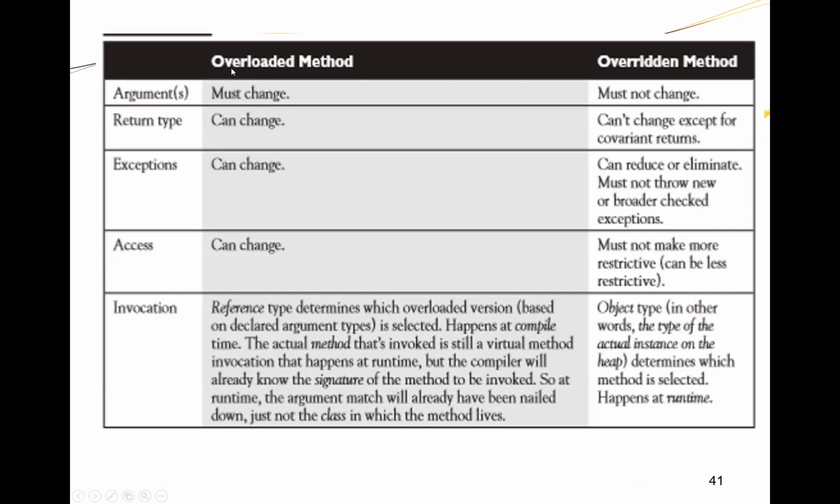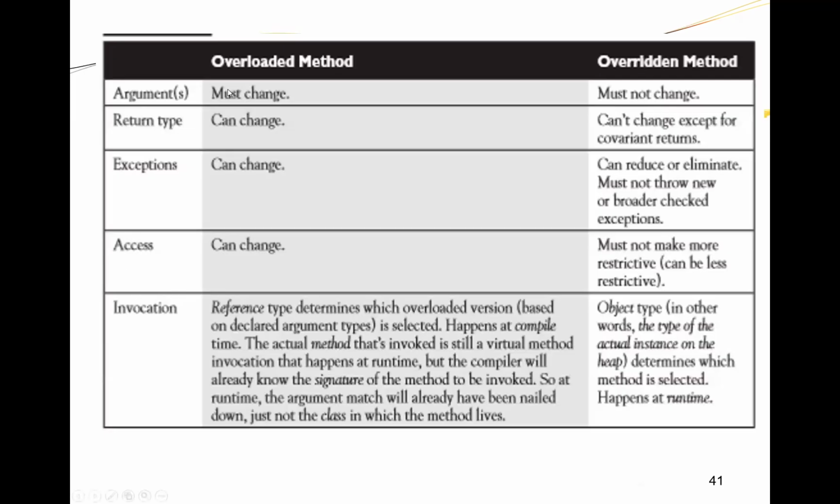For exceptions, in overloaded methods you can change them, but in overriding you can reduce or eliminate them. You must not throw new exceptions. Access levels, in overloaded methods you can change, but overriding methods must not make them more restrictive than the overridden method; they can be less restrictive.